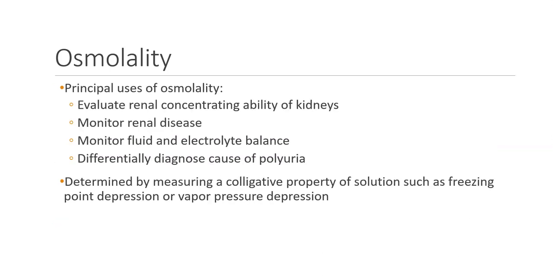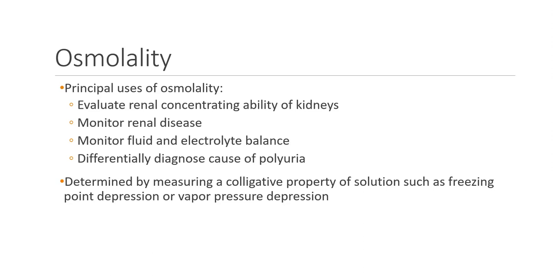The principal uses of osmolality are to evaluate the renal concentrating ability of the kidneys, to monitor renal disease once it has been diagnosed, to monitor fluid and electrolyte balance, and to differentially diagnose the cause of polyuria.